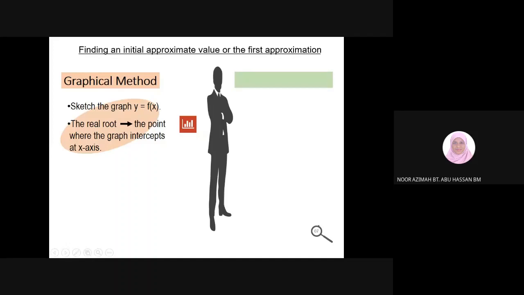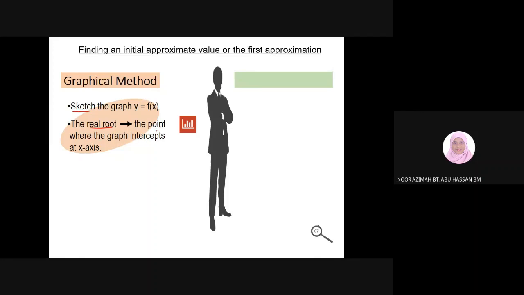So finding an initial approximation value or the first approximation using the graphical method. Obviously, if it's the graphical method, you need to sketch the graph. And then the real root is the point of intersection between the graph and the x-axis.